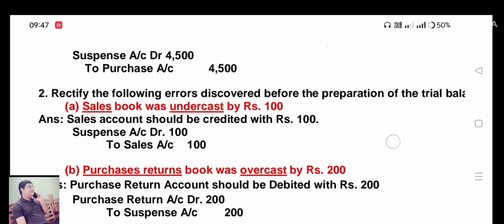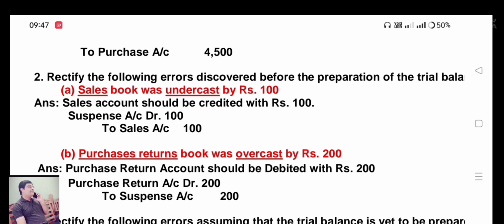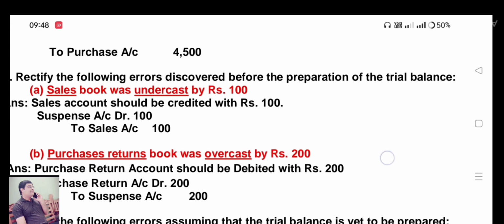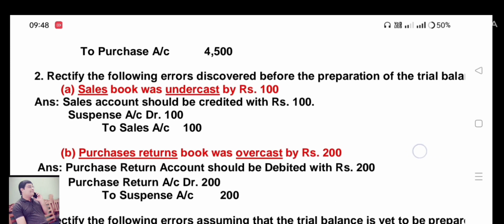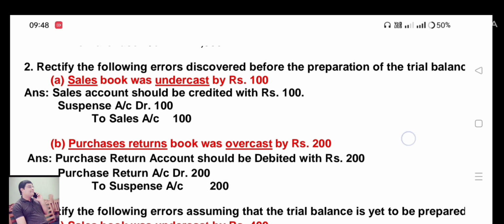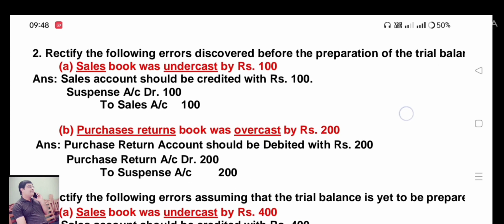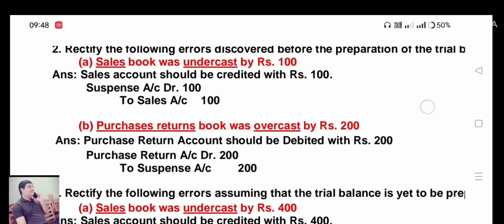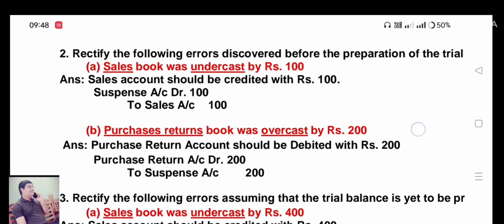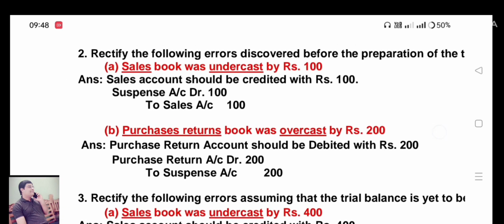Rectify the following errors discovered before the preparation of trial balance. Second question: sales book was under cost by rupees 100. So sales account should be credited with rupees 100.